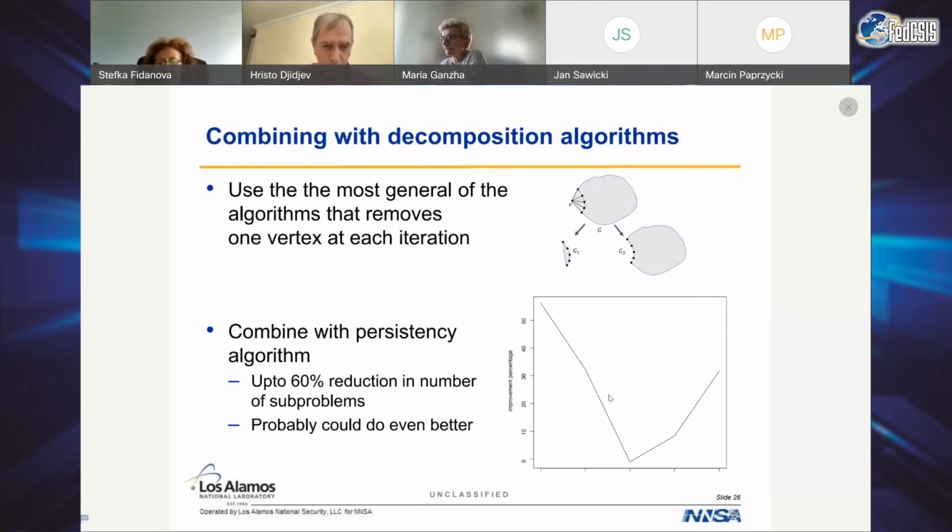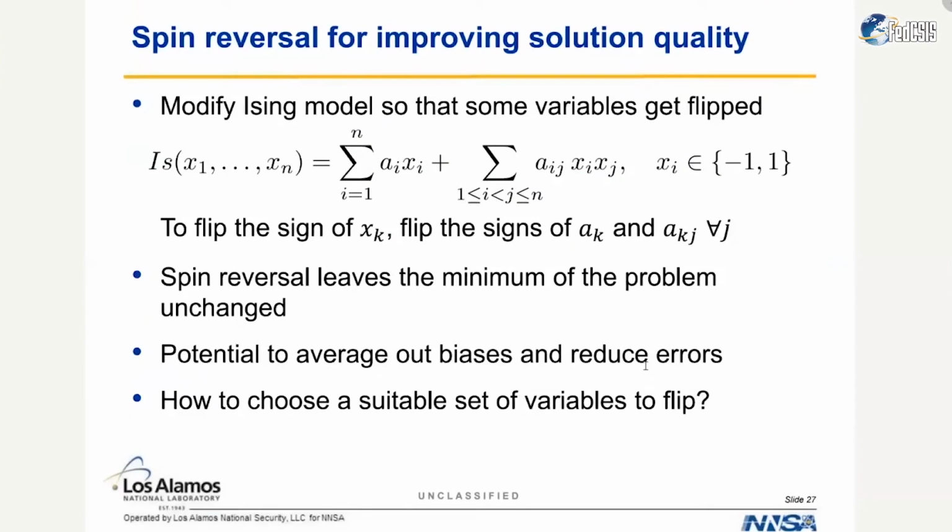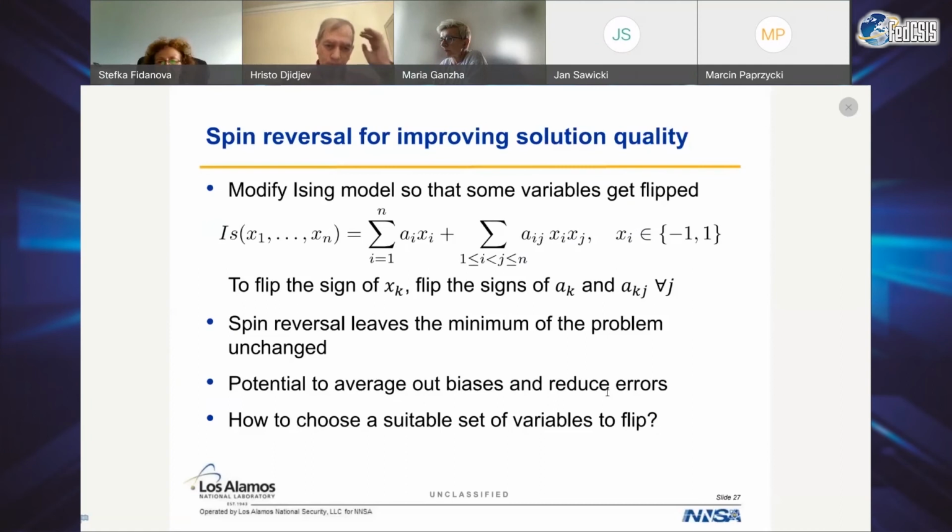Okay, next slide, please. Another technique is so-called spin reversal. It's based on the fact that we can change the sign of a variable without changing the problem, having absolutely equivalent problems. If you pick some variable xk, we can replace xk by its reverse, minus xk.